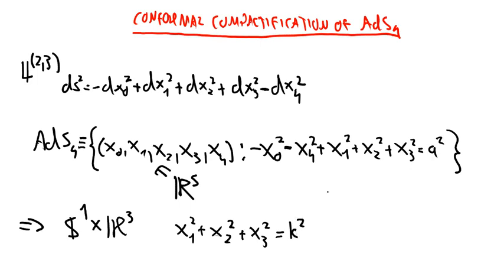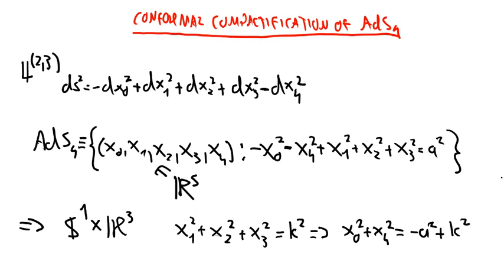Then this means that x0 squared plus x4 squared is minus a squared plus k squared, right?